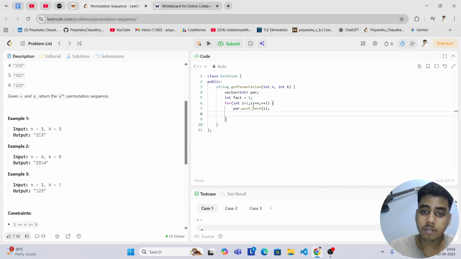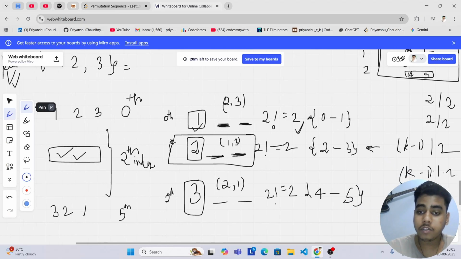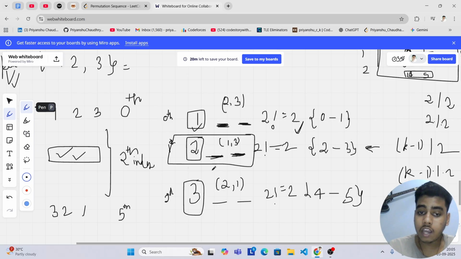Every time I iterate from i is equal to 1 to n minus 1, and then update my factorial. So if i is less than n, I will multiply factorial by i. This will help me store the size of the blocks. So here the size of the block is 2.